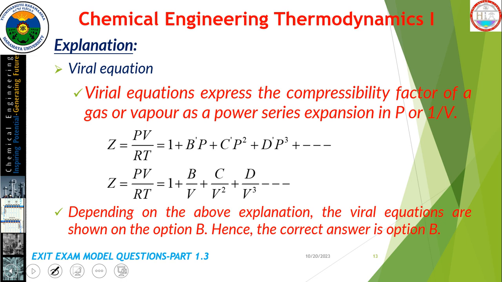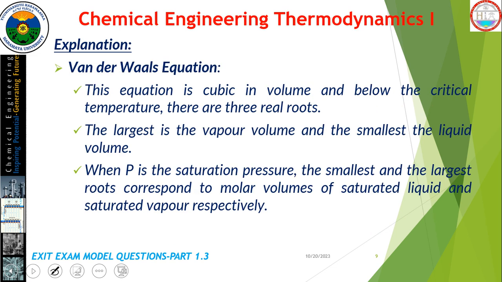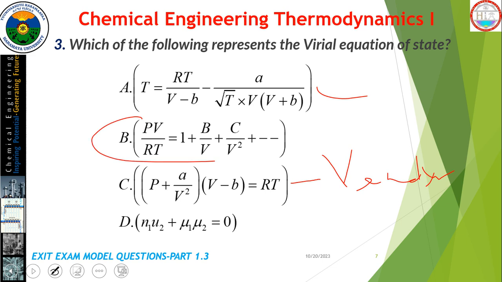Or in the form of volume, we can write PV divided by RT equals 1 plus B divided by V plus C over V squared plus D over V cubed, and so on. Depending on the above explanation, the question asks which of the following is a Virial equation of state. The correct answer is option B, PV by RT equals 1 plus B divided by V plus C over V squared plus so on.